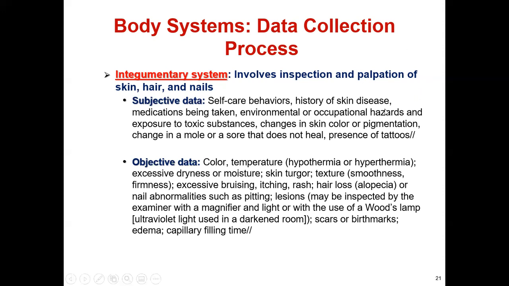Environmental or occupational hazards, also exposure to toxic substances. If a person works in a chemical industry, his or her skin has a chance of being exposed to chemical substances. Also, change in skin color or pigmentation.